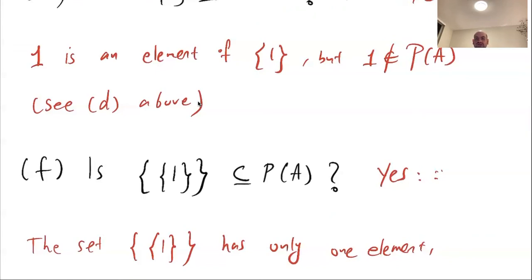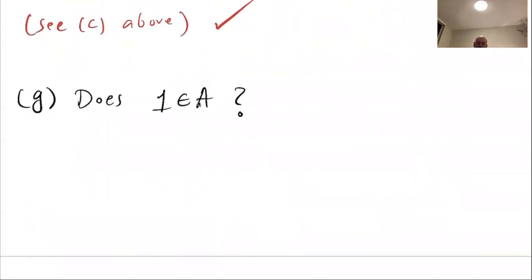But a power set is a set whose elements are sets themselves. It's the set of all subsets of A. So the elements of a power set are sets themselves. Which sets? Subsets of A. So that's where it's a little bit confusing.